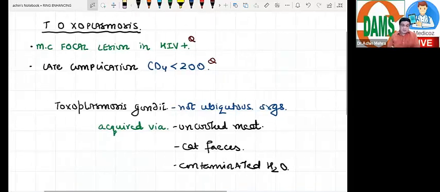So these are the three ways we get this infection. This is important in people who are immunocompromised individuals. And this particular organism finds its way into us from a normal diet, and it's not a ubiquitous organism that we come across.